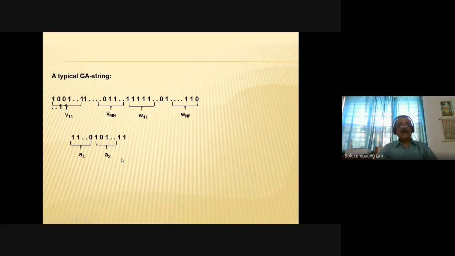That means a particular GA string is going to carry information of the whole neural network. Okay. Now in the GA, the population of solutions will be generated at random. That means a large number of neural networks will be generated at random.